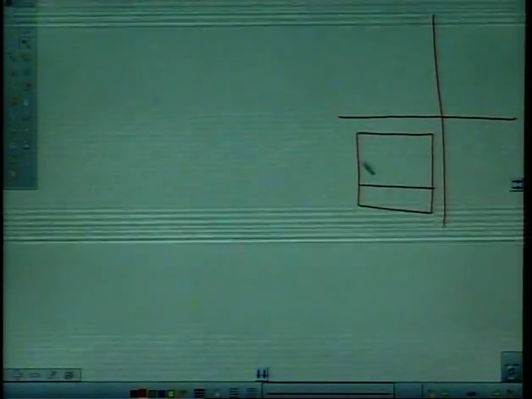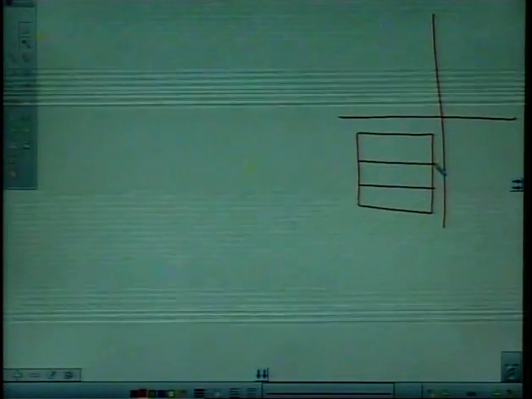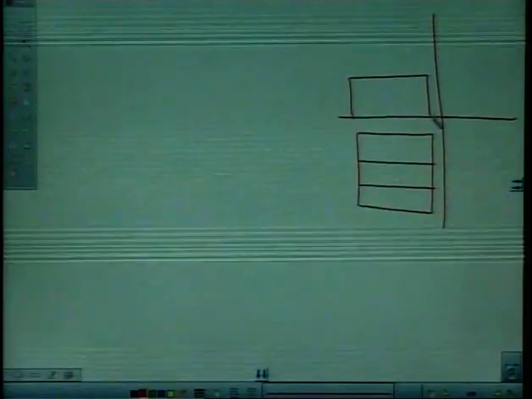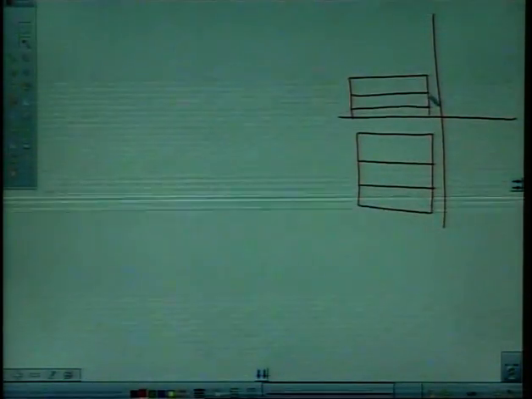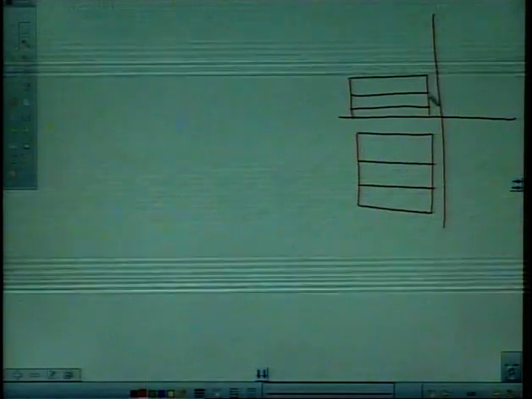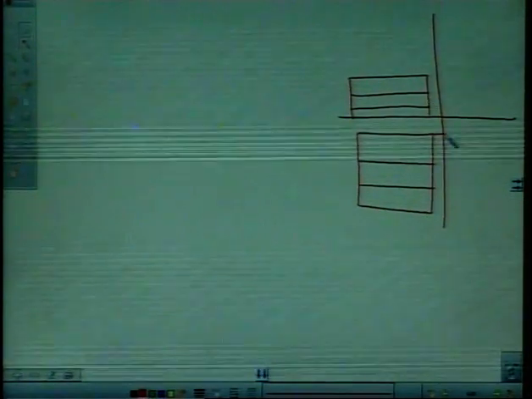Say we want to draw perspective of some steps which are represented like this in plan, right? And in elevation something like this, right? And side elevation is something like this.